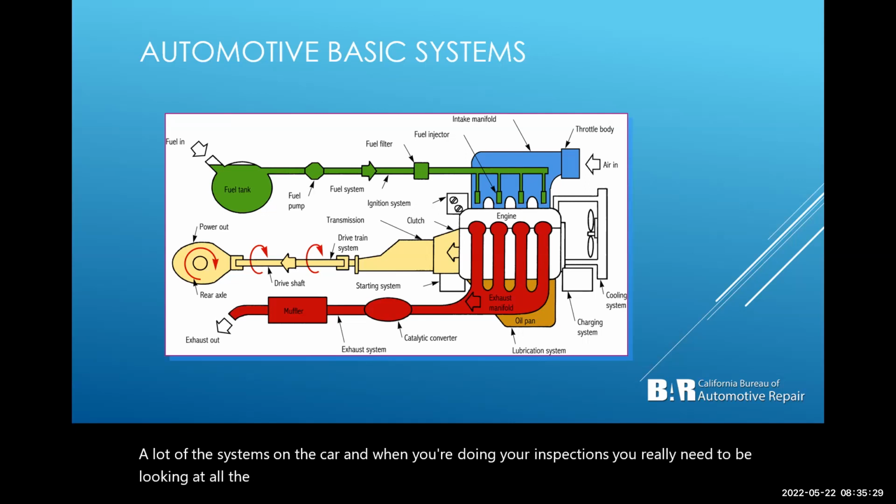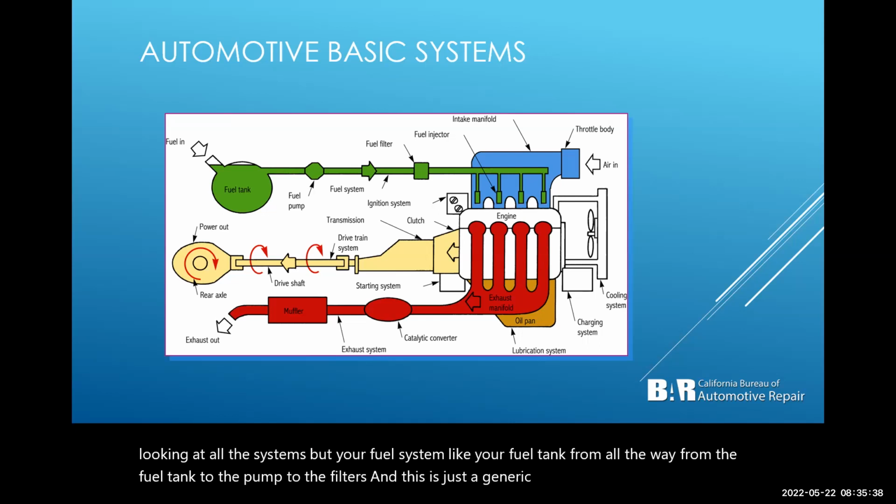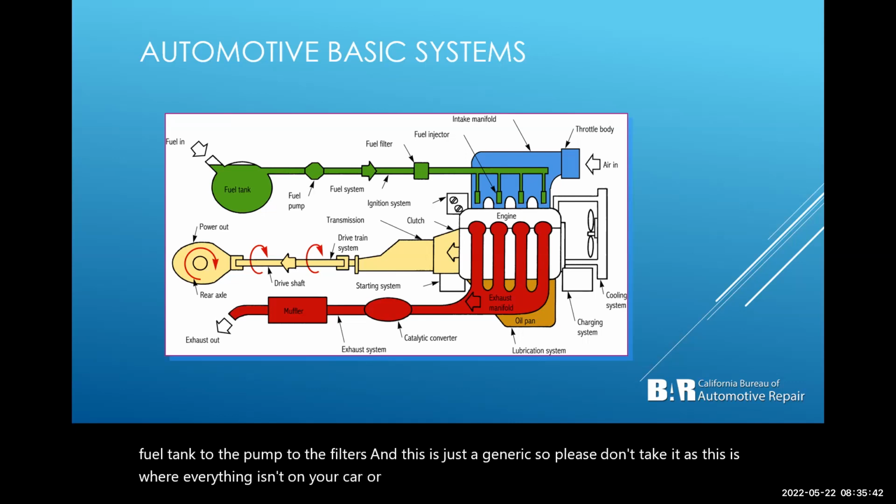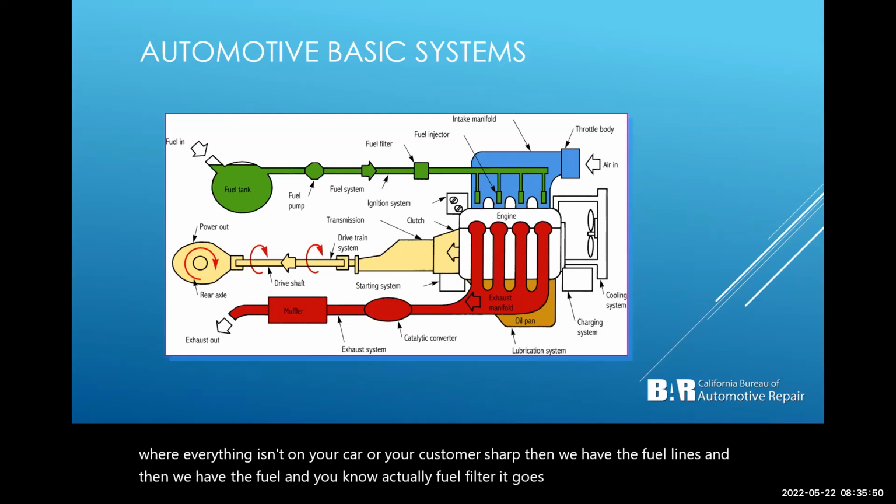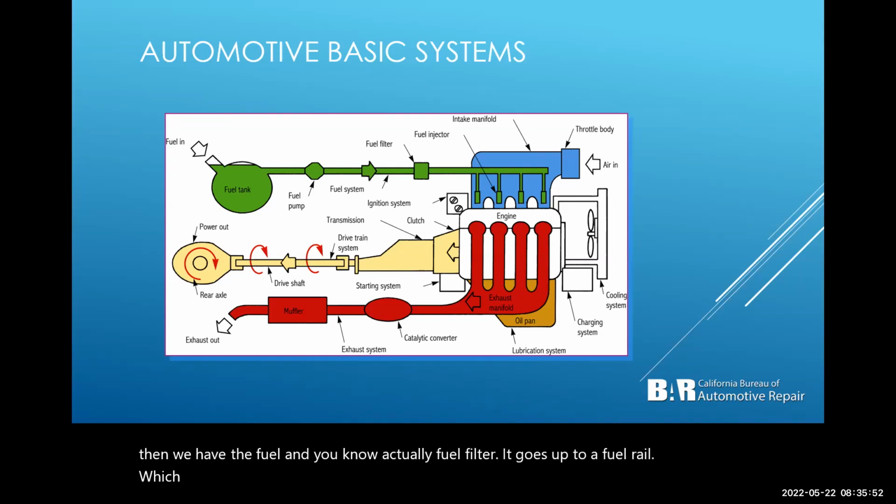But your fuel system, like your fuel tank, all the way from the fuel tank to the pump to the filters. And this is just generic, so please don't take it as this is where everything is on your car or your customer's car. Then we have the fuel lines, and then we have the fuel filter. It goes up to a fuel rail, which then goes to your fuel injectors.